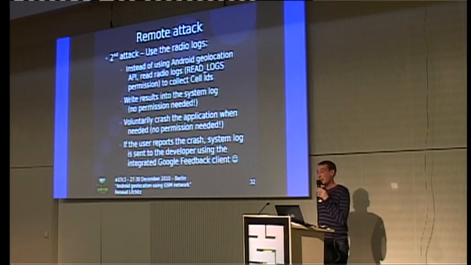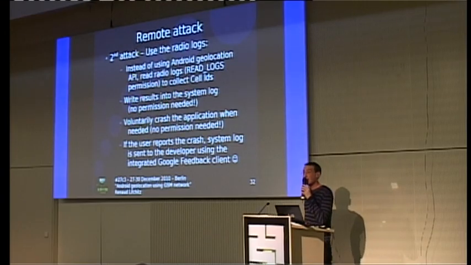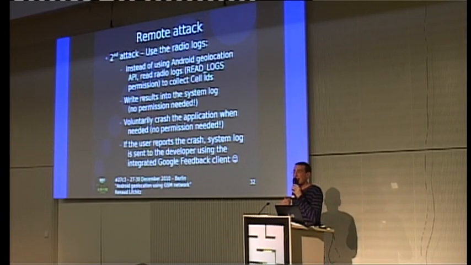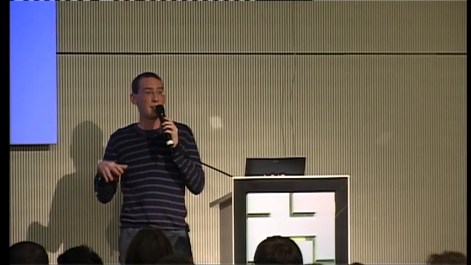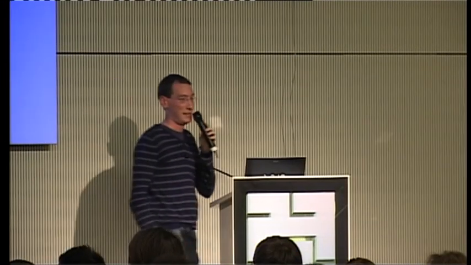When an application crashes, you have a feedback client on your Android phone which sends the developer the system logs at the time the application crashed. So you don't need any internet access to remotely collect the cell IDs. You use the integrated Google feedback client, right?